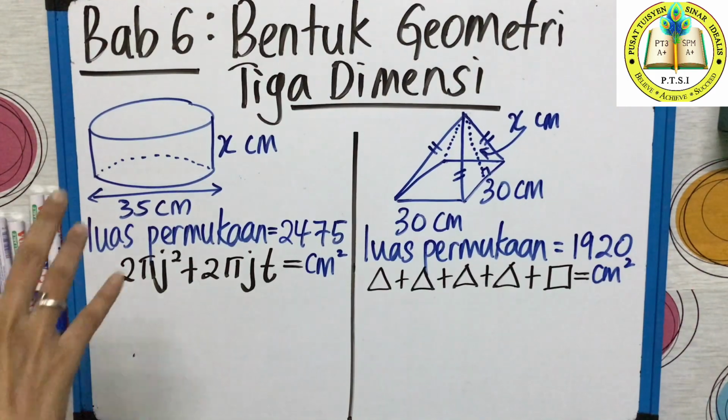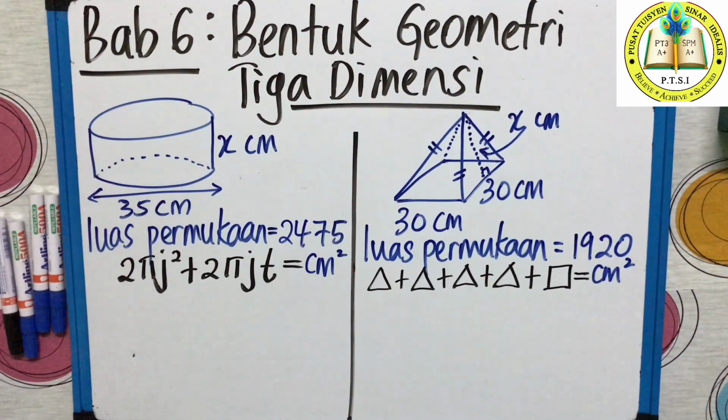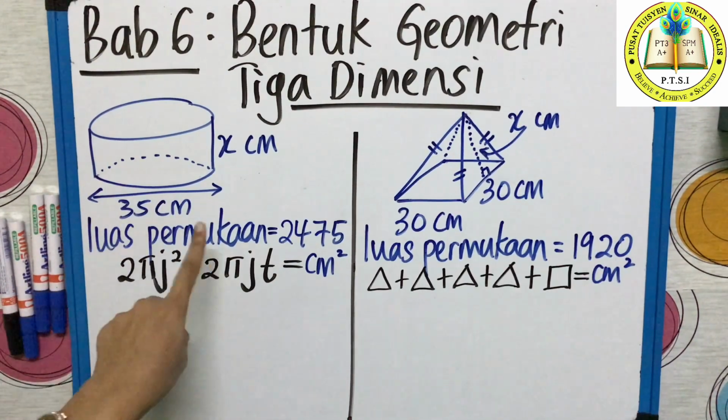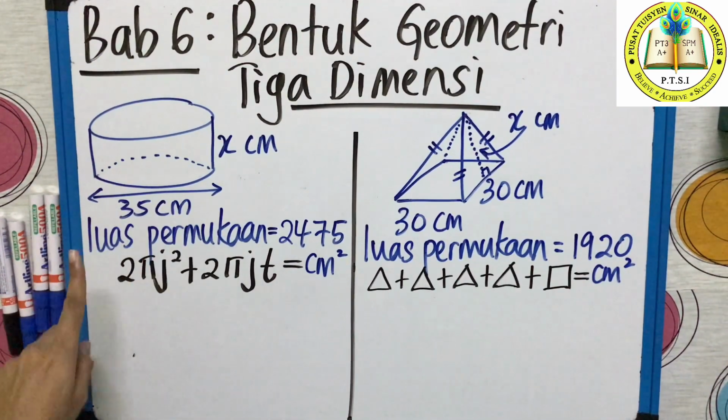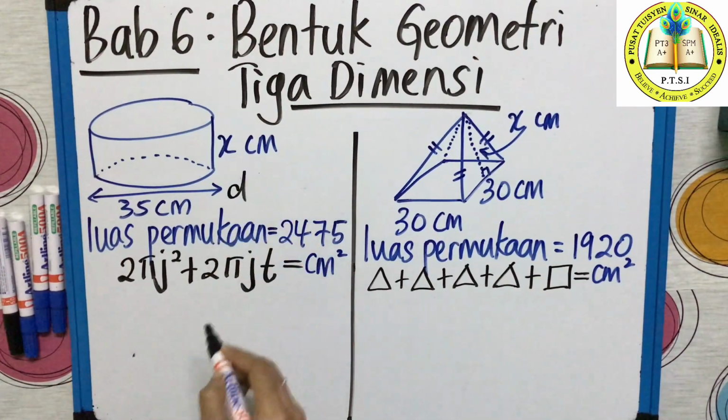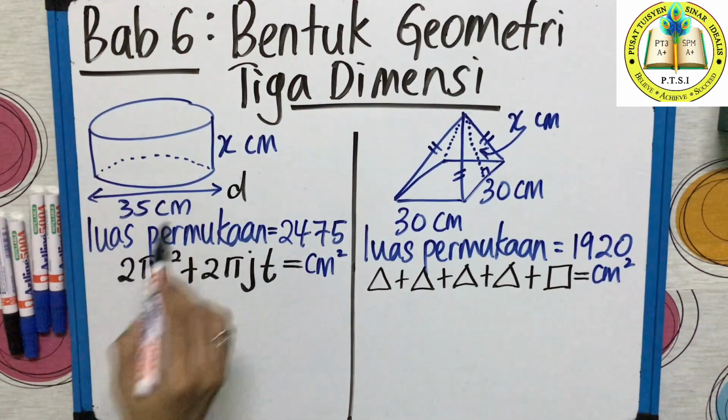Okay, if you see this cylinder here class, ni adalah 35 cm. This 35 cm, diameter atau jejari? You have to be clear with that. 35 cm ini adalah diameter because they gave you a full line.